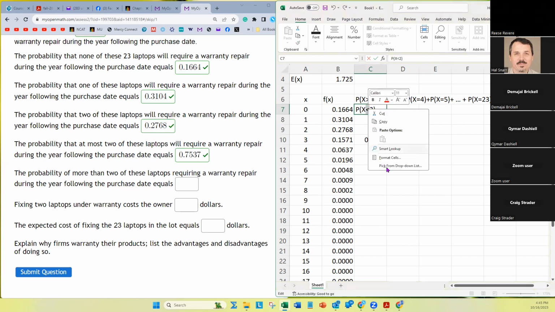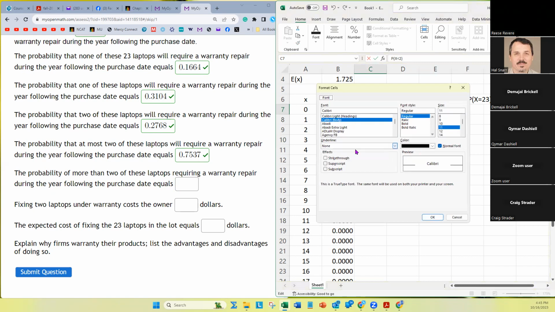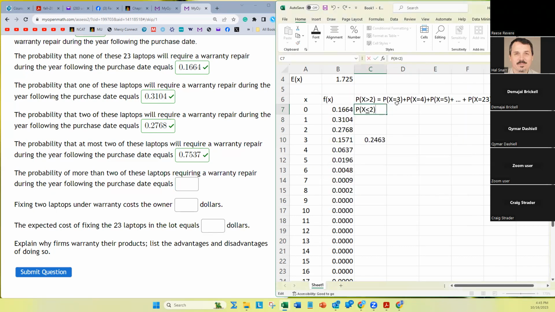Yeah, less than or equal to 2, right? That's the complement, so we use the complement rule, right? We can use the complement rule. Let's use the complement rule.